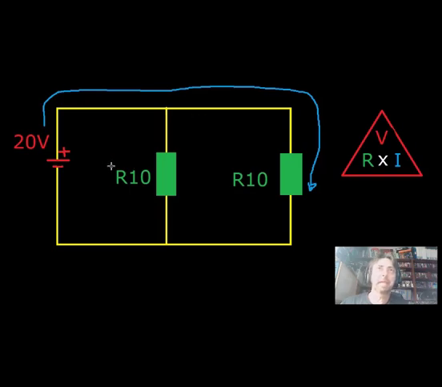So basically to calculate the total resistance, we would have to put a little line over this one, a little line over this one, and invert these resistance values.